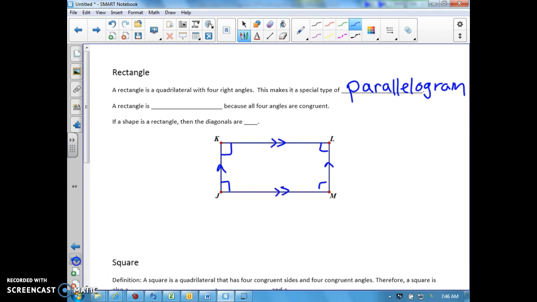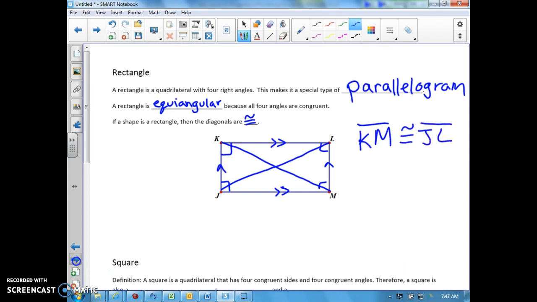A rectangle, we say, is equiangular, just like equilateral, but with angles, because all 4 angles are congruent. If a shape is a rectangle, then my diagonals are going to be congruent. So that would be that KM has to be congruent to JL. So that would mean that all 4 of these pieces, when they're bisected, because remember it's a parallelogram, end up being congruent as well.